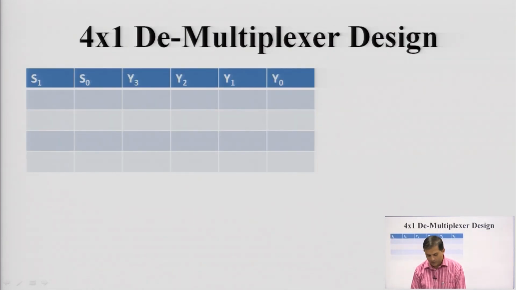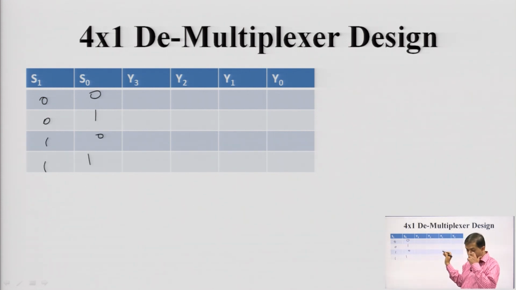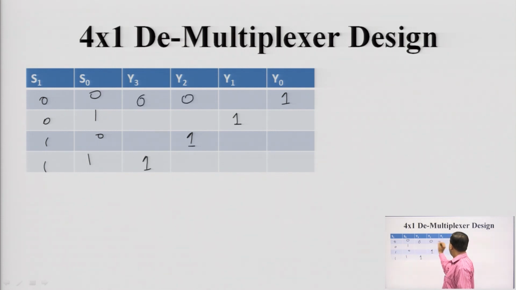Okay. So, the design is like that. For the select lines 0 0, 0 1, 1 0, 1 1: for 0 0 the output will be at this one, for 0 1 this, 1 0 this, and the remaining will be 0. So, this is for select lines and this is for outputs.